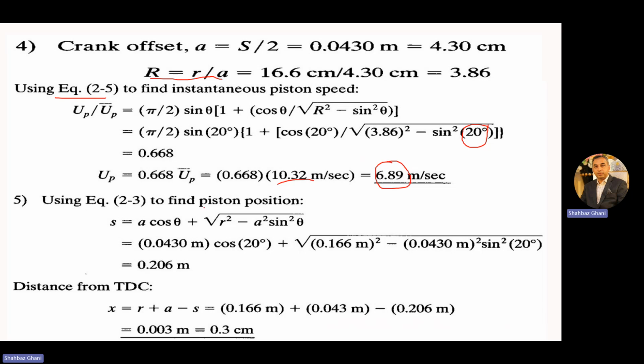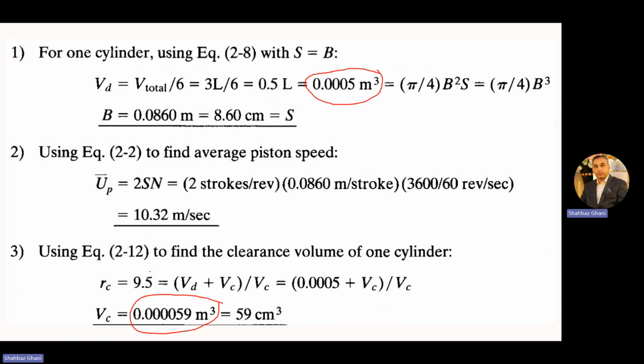Now, finding the location: when your theta is at 20 degrees, what is the distance of the piston, at which position? Using that equation, finding the value of S, we find it is 0.206 meter, the complete stroke length, or 8.60.